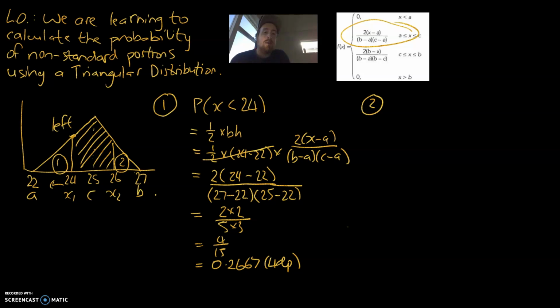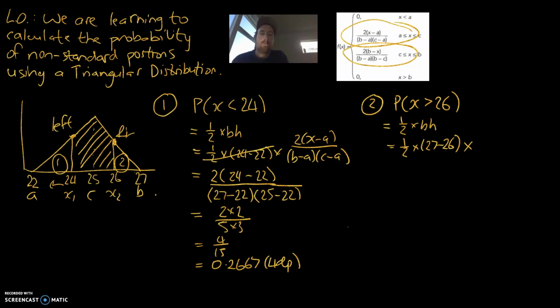We then repeat that same process for area number 2, the probability that anything is above 26. Like the first one, that's 1/2 times base times height, and that is 1/2 times 27 minus 26, the base of that smaller triangle 2, times the right slope. The right slope formula is up there, and that's a right slope because it's on the right-hand side, and that's 2 times b minus x, divided by b minus a and b minus c.